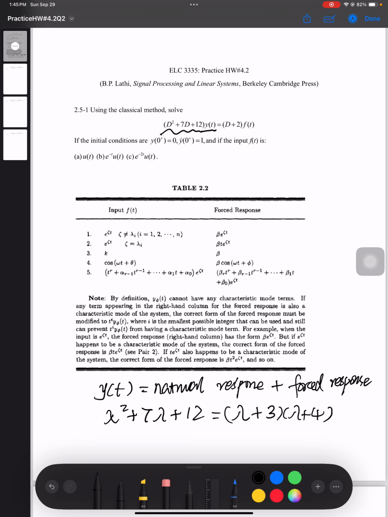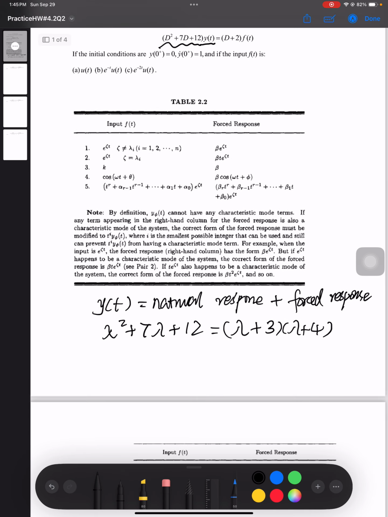For this polynomial, the characteristic roots are lambda 1 equals minus 3 and lambda 2 equals minus 4.